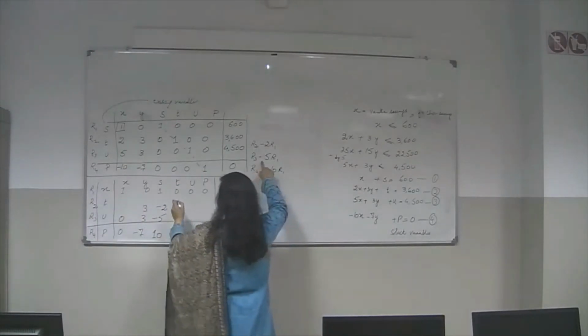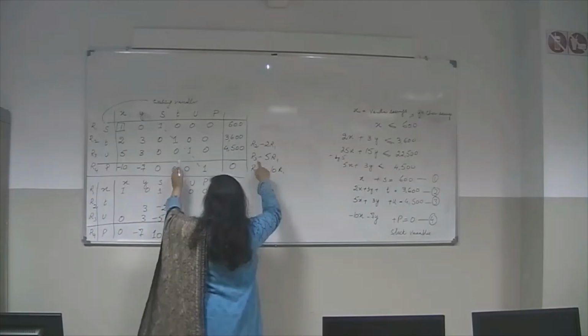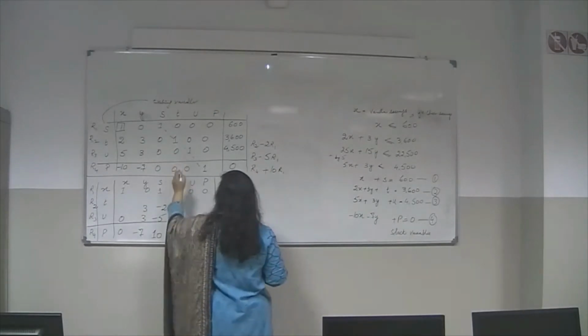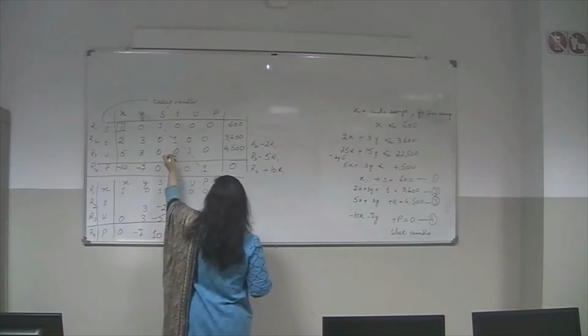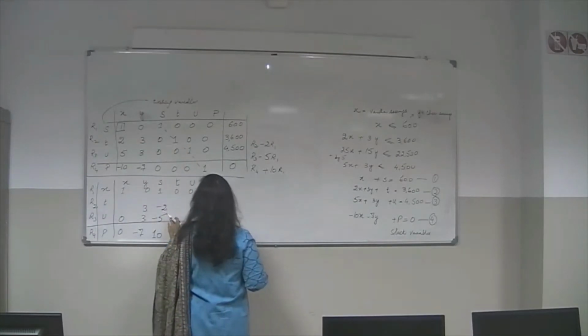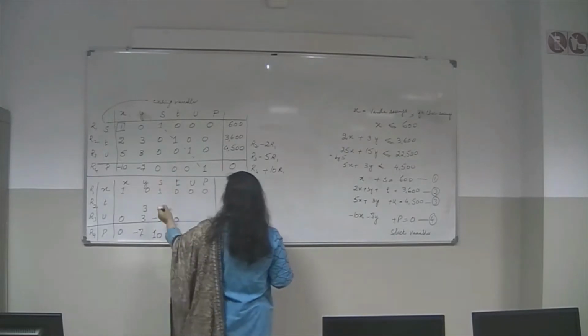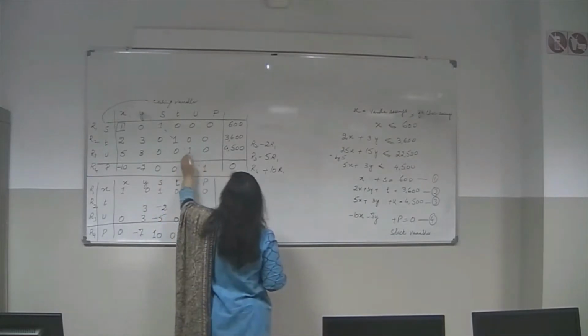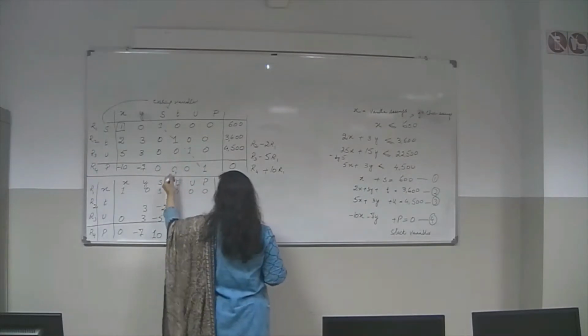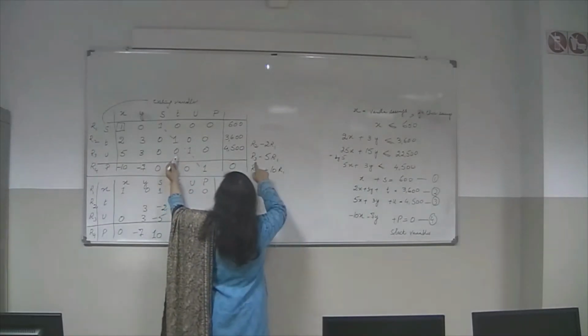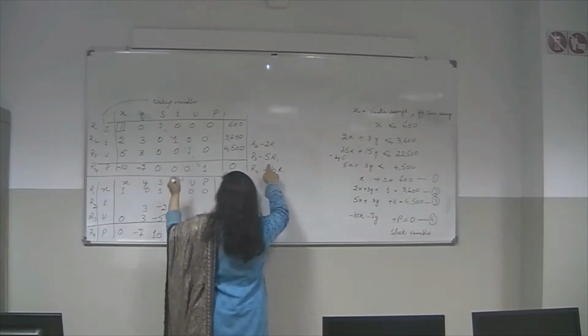Then we have the t column, 0 minus 0, you have 0 here. But for 1 minus 2, so you have 1 here because this is R2, this is R3, and R3 is 0, so minus 0 you get 0.